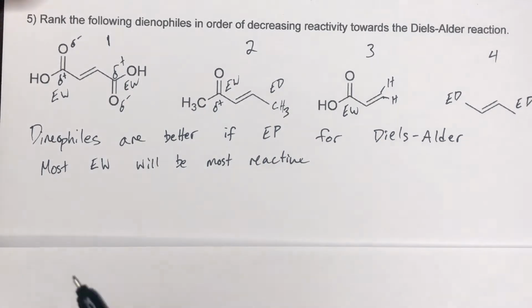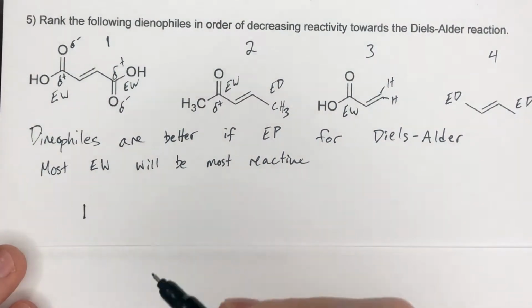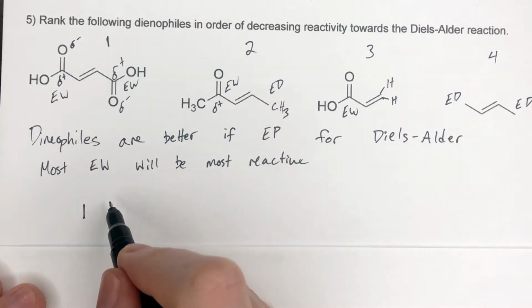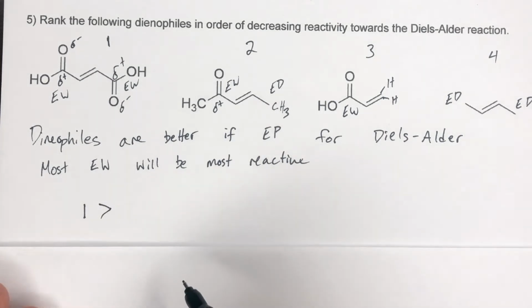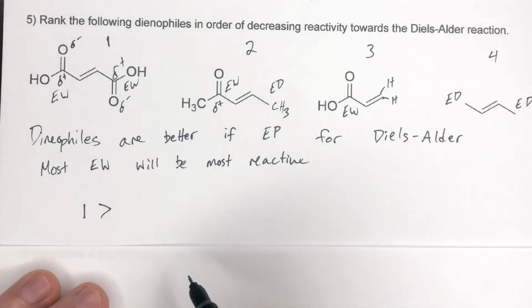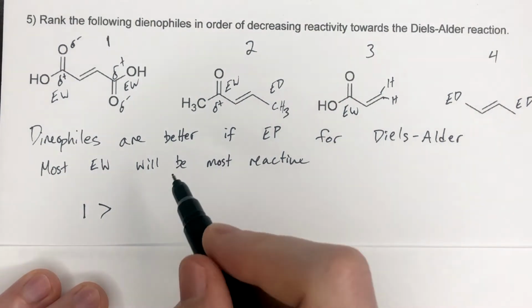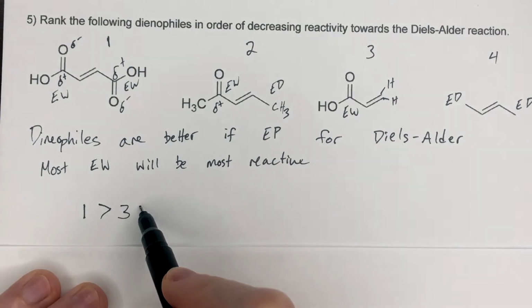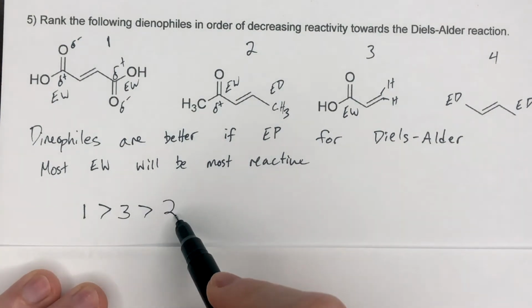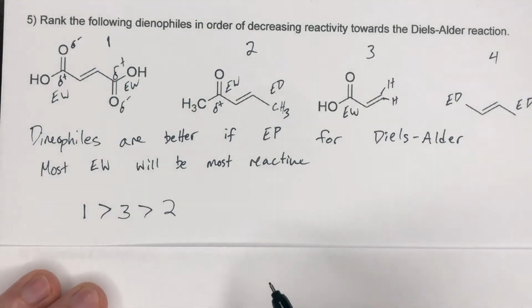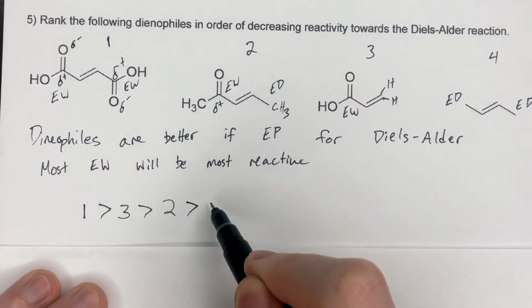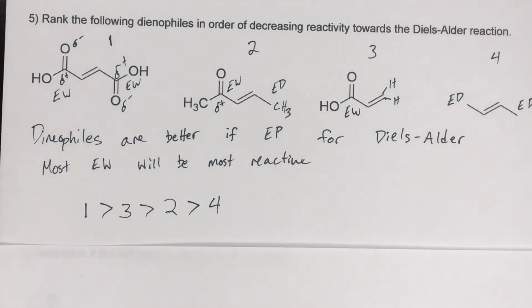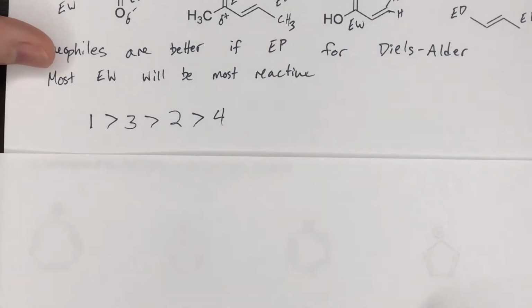So molecule 1 is the most reactive, followed by 3, because 3 only has the electron withdrawing group, not donating. 3 is greater than 2, which does have the electron donating group. And then 4 is the least reactive because it has the two electron donating groups. So that will do it for this question. Move on to our next one.